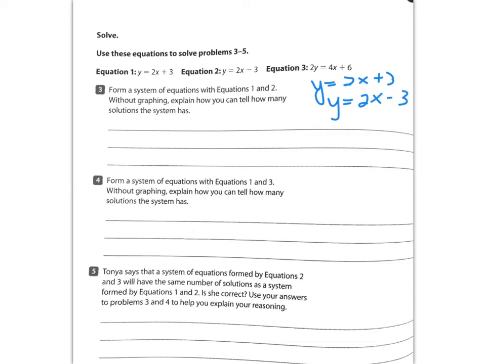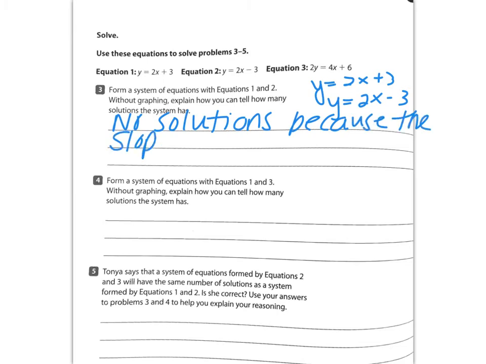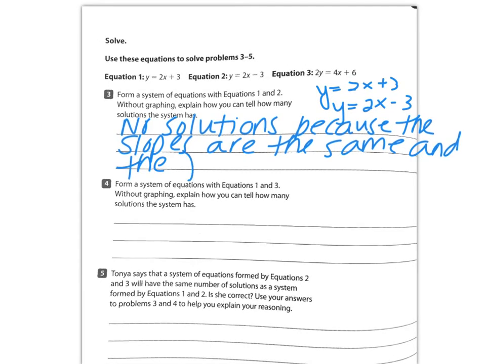Without even graphing, this system will have no solutions because the slopes are the same and the y-intercepts are different. So that's the way that we can tell if there are no solutions to a system.